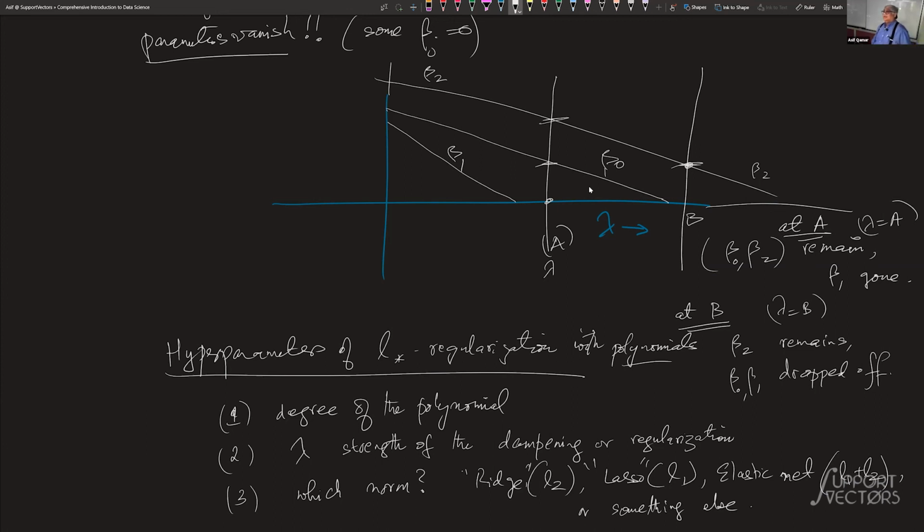You realize that when you're trying to model the same thing with data, life is getting complex. You have to keep on building and training the model with different values of the polynomial degree, different lambdas, different norms.